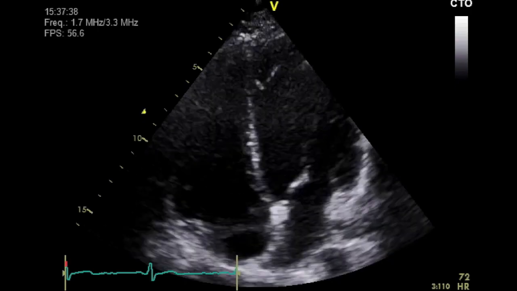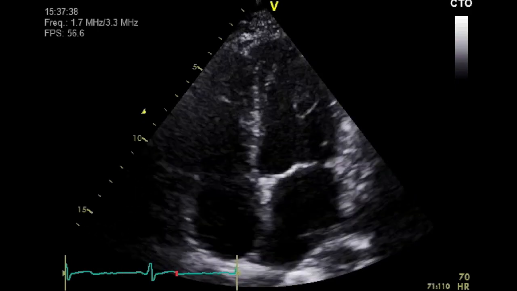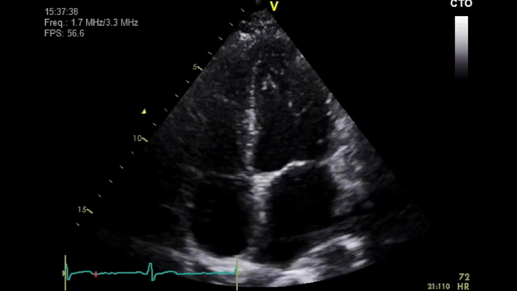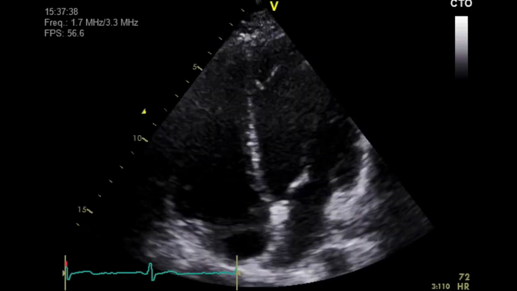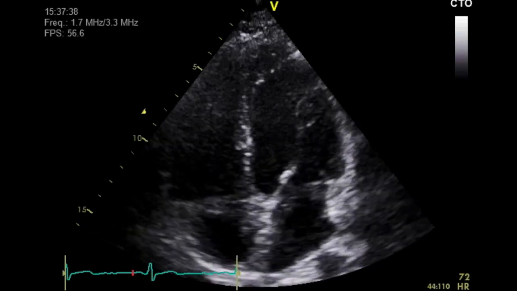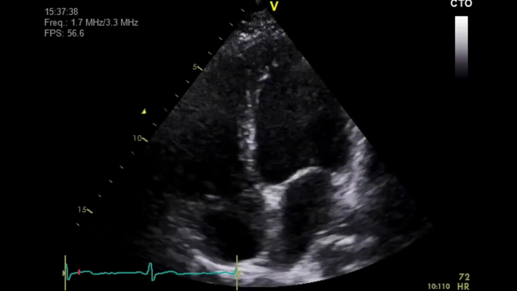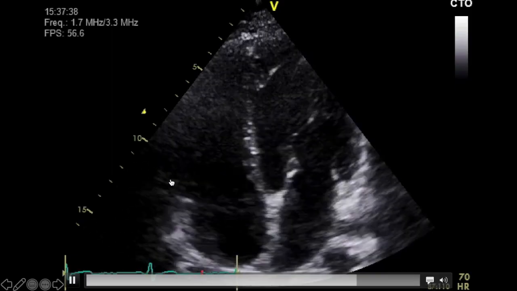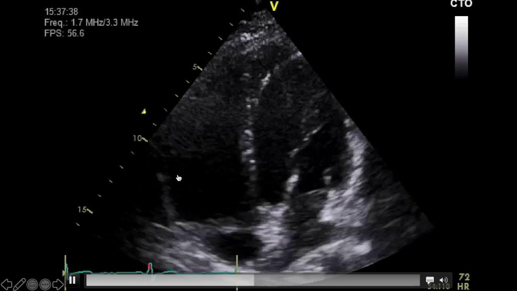The apical four-chamber is perhaps the most useful view to get an idea of how big the right ventricle is and its systolic function. You don't always get a great view, as perhaps in this case. You don't always see the free wall, which in this case you can't really visualize it.